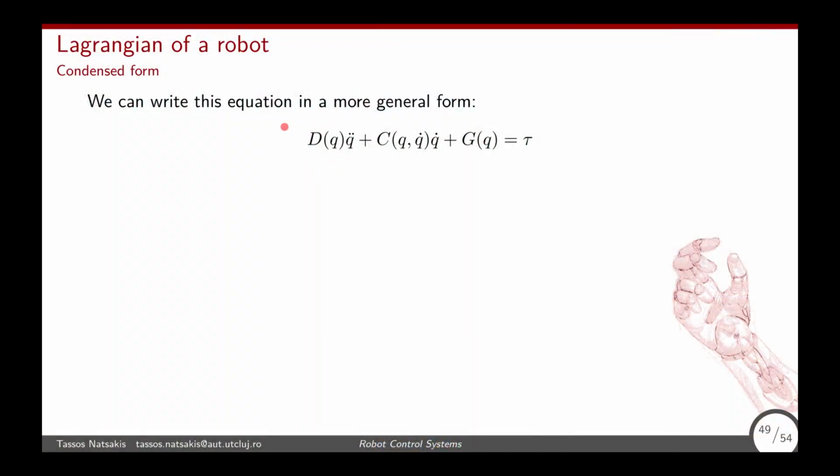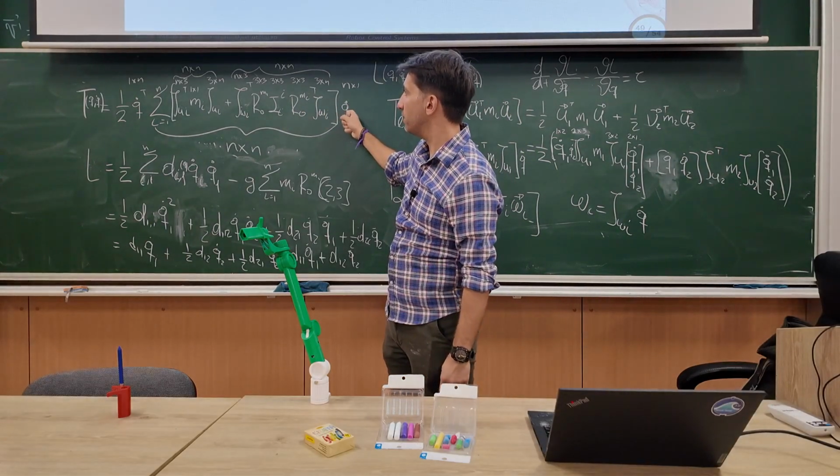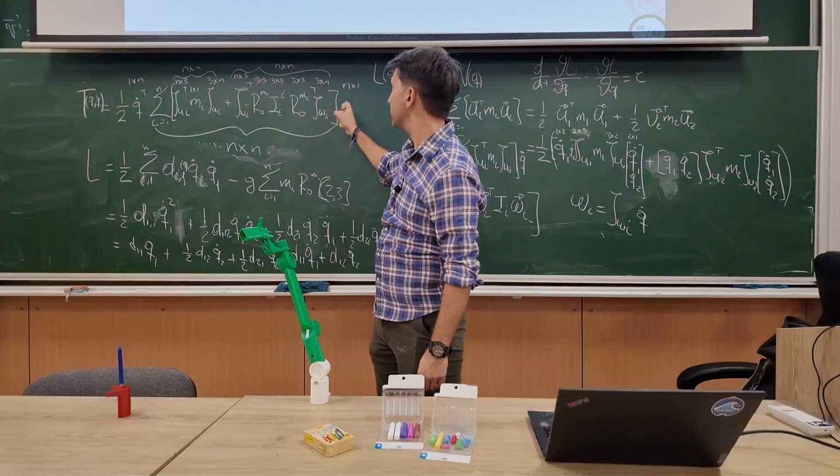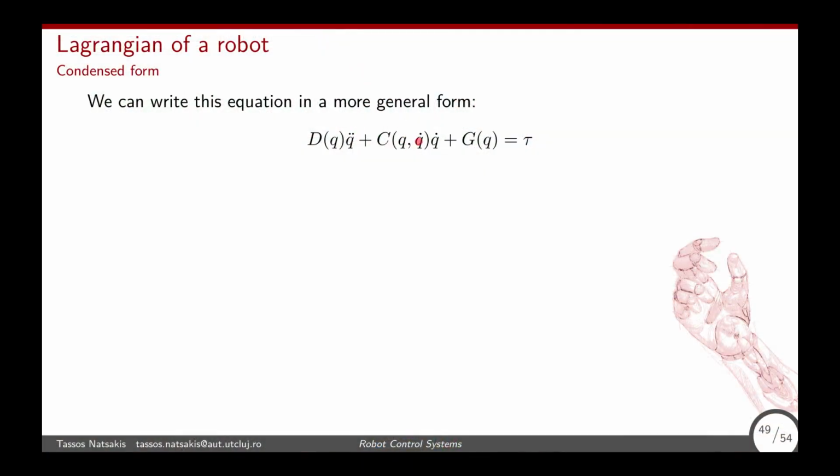The D matrix comes back, because when I derive here with Q dot and with time, basically I have the D matrix times Q dot dot. And I have a new matrix called C, Coriolis term, gets multiplied with velocities, and I have this vector G, which is a function of Q. And this is equal to the torques.